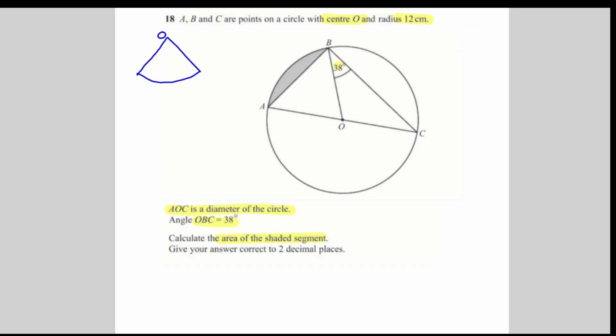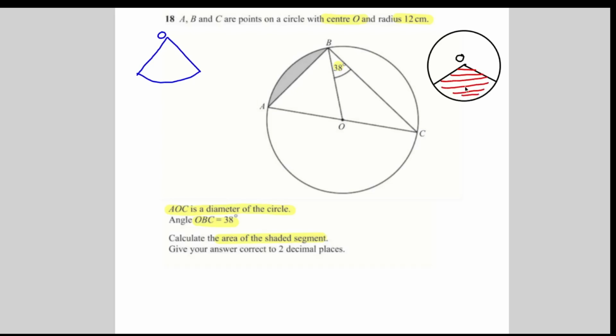If the circle is like this, and there is a center here, if you cut a shape like this from the center, this part is known as the minor sector.